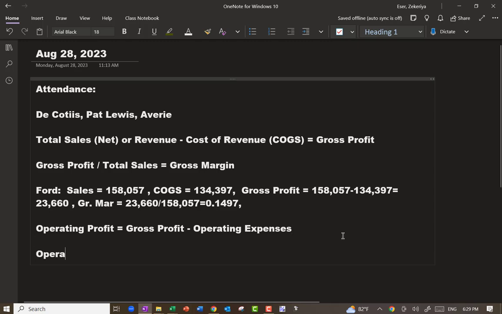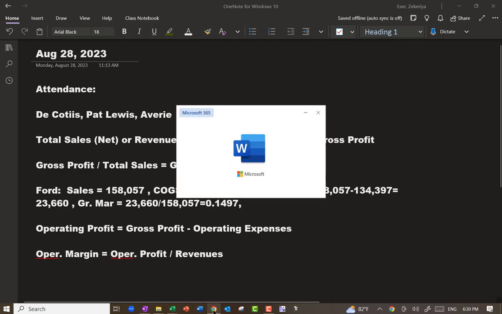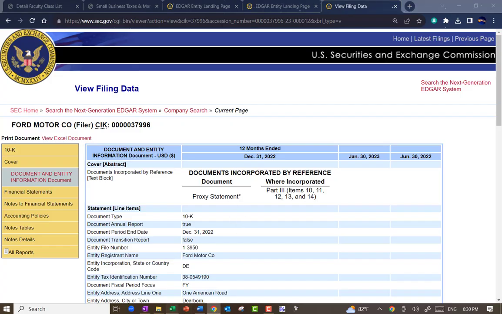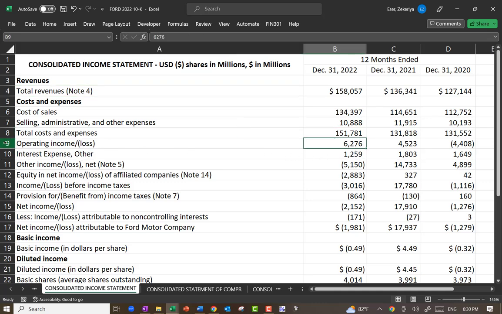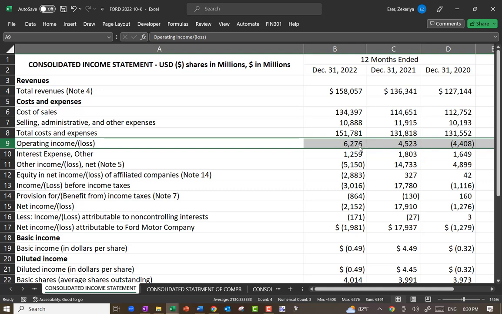And operating margin is operating profit divided by revenues or total sales. I'll use revenue, sales interchangeably. So let's look at Ford. In fact, they calculated, they made $6,276,000,000 because the units are in millions here in operating income.